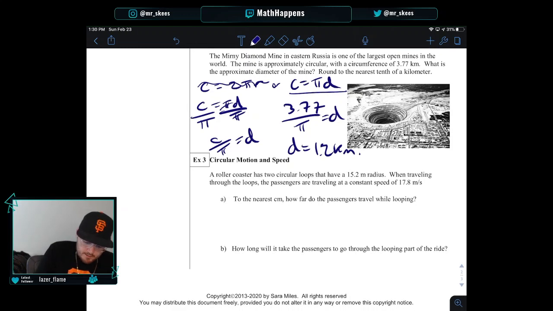So these loops are basically circular. So here comes the roller coaster and boom, it hits the circular path and then spits right back out and hits another circular path.